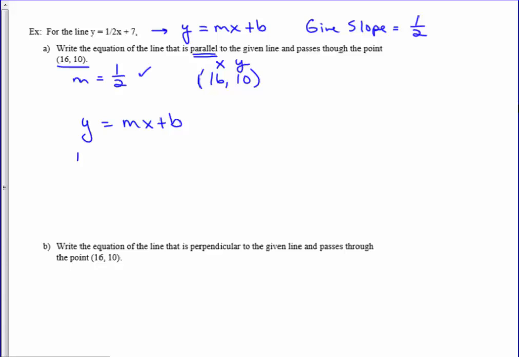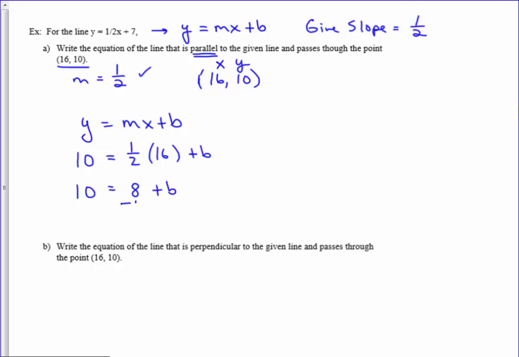So in this case, we'd have 10 equals 1/2 times 16 plus b. An easy way to do the 1/2 times 16 is to simply ask how much is 1/2 of 16. That would be 8.